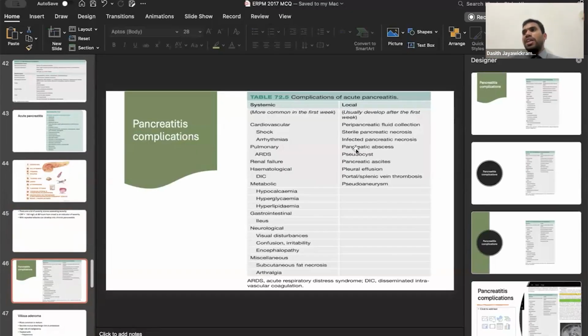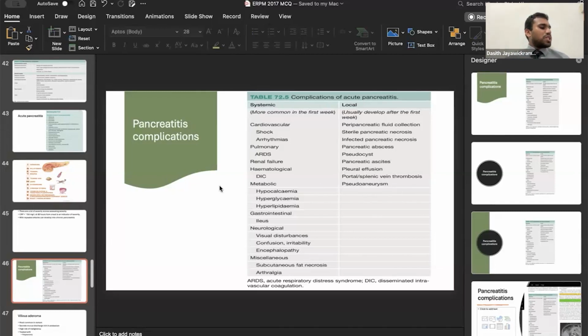This pancreatic necrosis can get infected also, then it causes infected walled off necrosis or infected acute necrotic collection. If it's infected necrosis, then the patient's systemic complications will rise very fast and can easily go into septic shock. Infected peripancreatic collections have a very high mortality rate. Others such as pancreatic ascites and pleural effusion are more systemic than local complications. And pseudoaneurysm along the pathway of the splenic artery and splenic vein. So those are local complications.